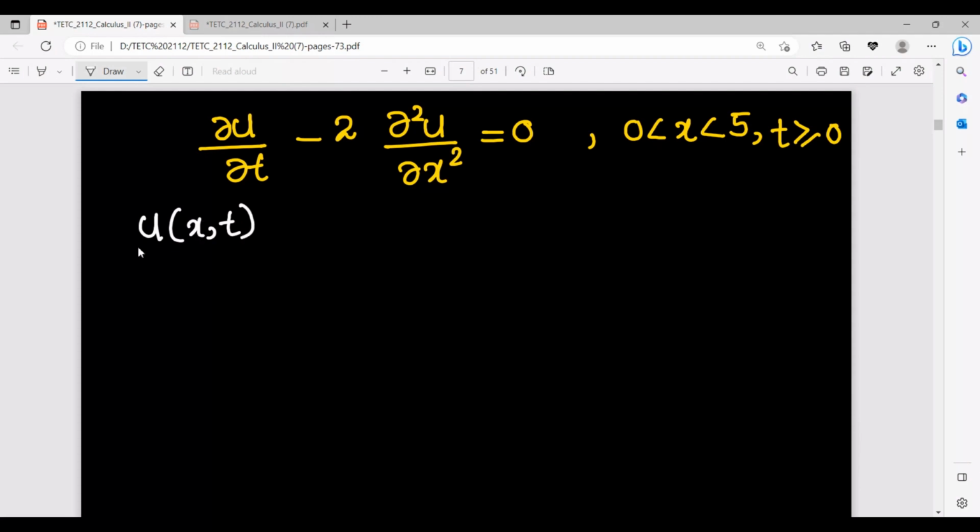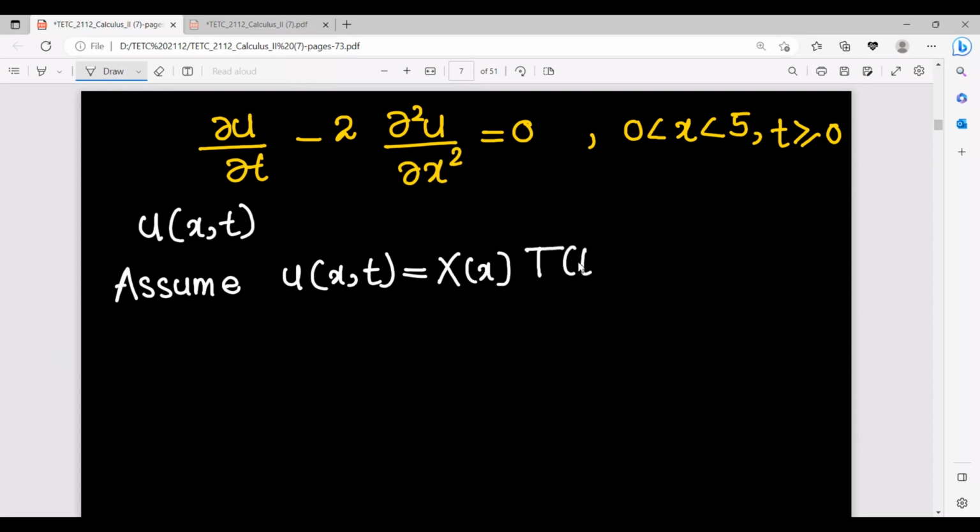Since we are using the method of separation of variables, we have to assume u(x,t) is a product of capital X, a function of x, and a function of the variable t.